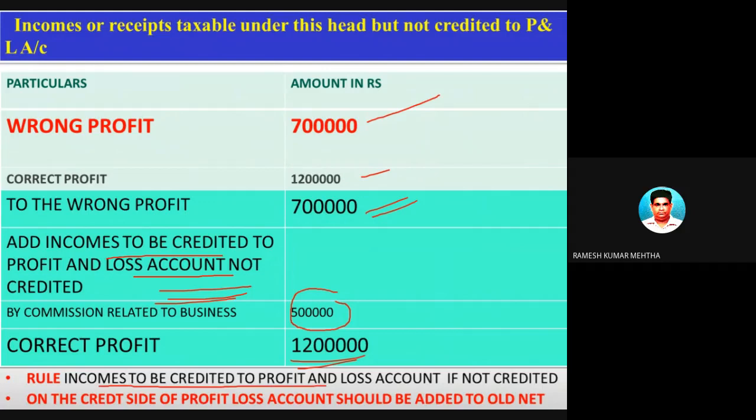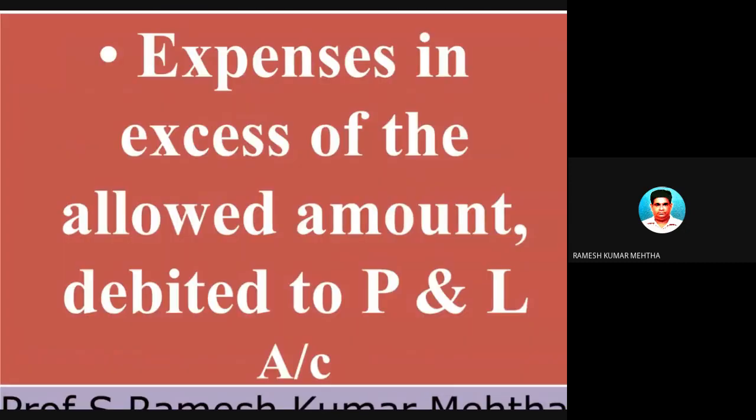Incomes to be credited to profit and loss account, if not credited, should be added back to the old profit to arrive at the correct profit. I hope you have understood.